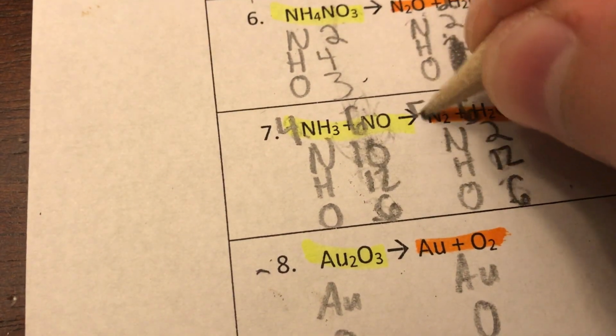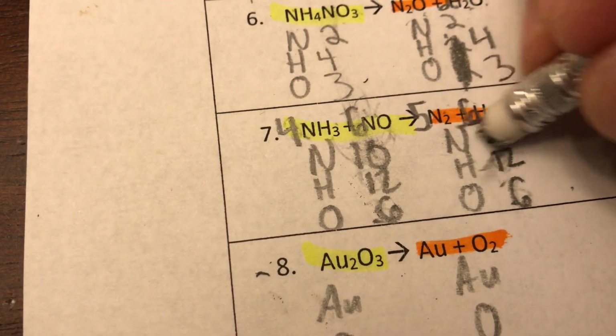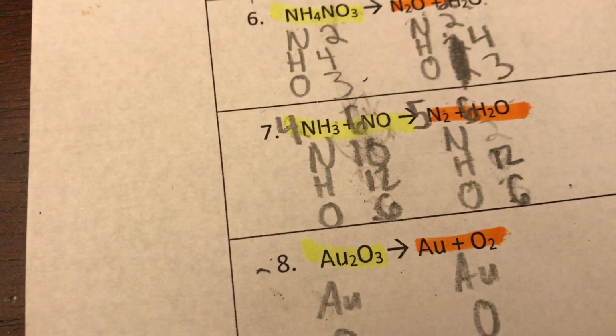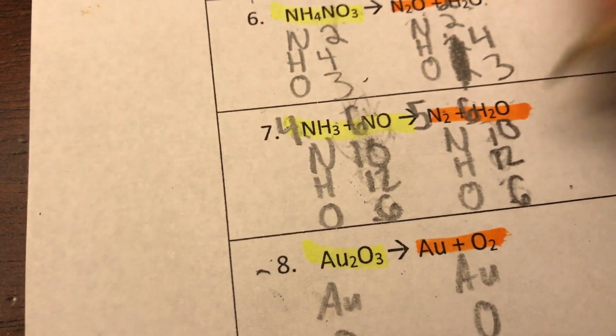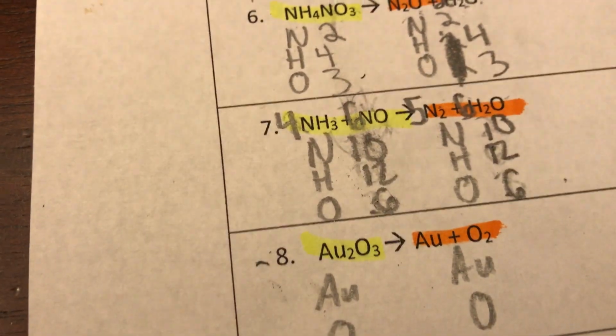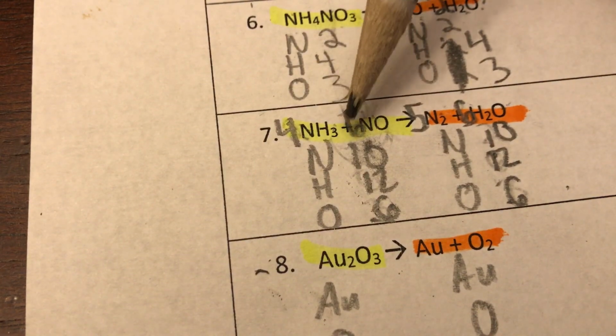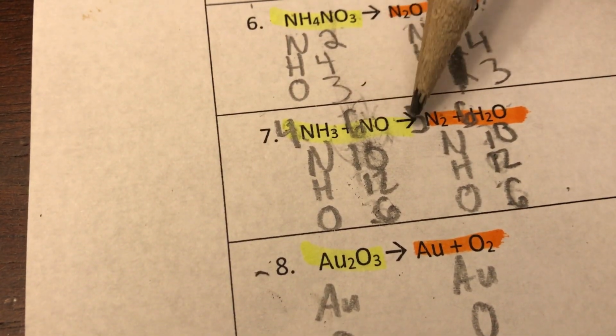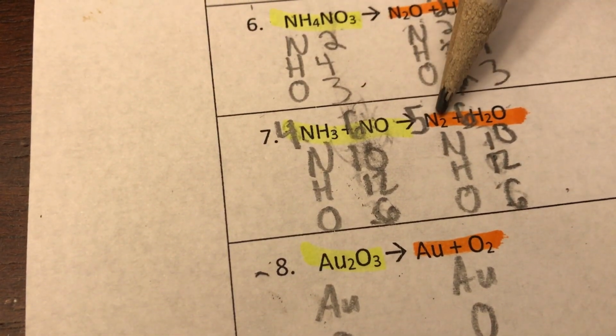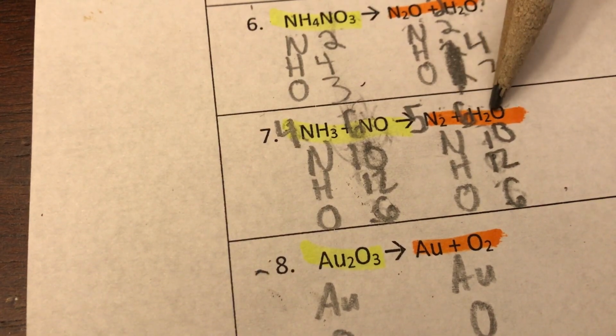And that means this has to be a 5 here. So I've got 5 times N2 is going to get me a 10. So the full balanced equation would be 4NH3 plus 6NO yields 5N2 plus 6H2O.